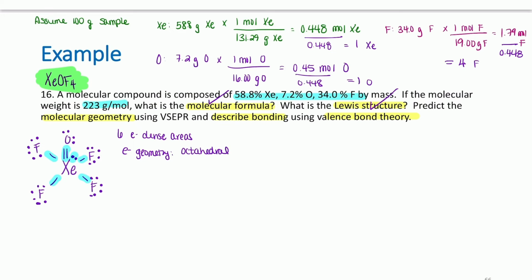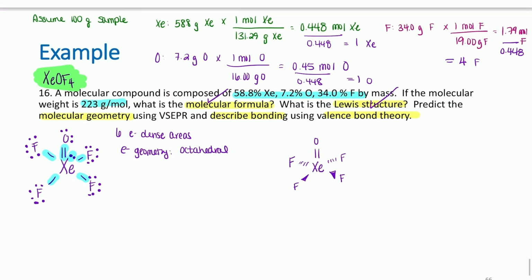But I do have a lone pair there, which means my electron geometry and molecular geometry will not match. I'm going to rewrite this into my molecular geometry shape. And I find that I have square pyramidal.